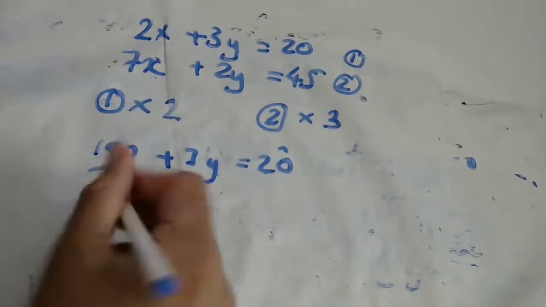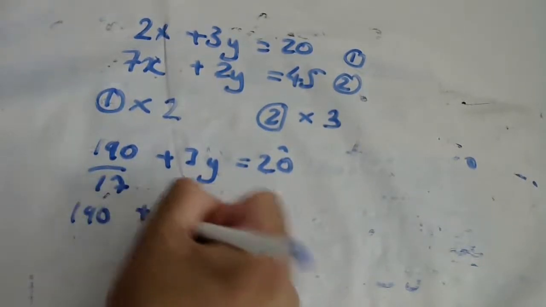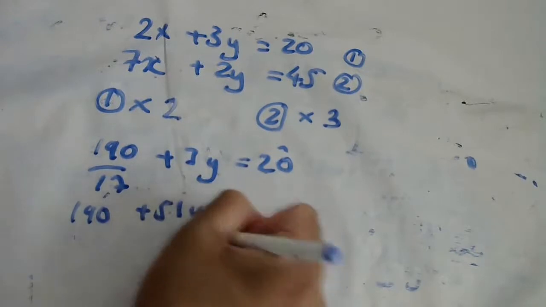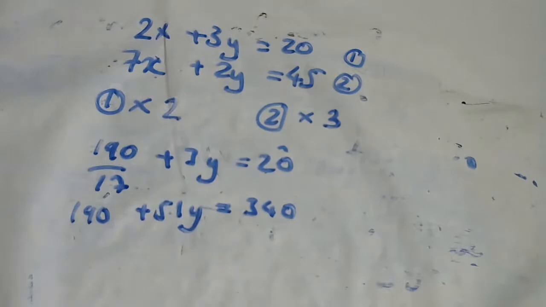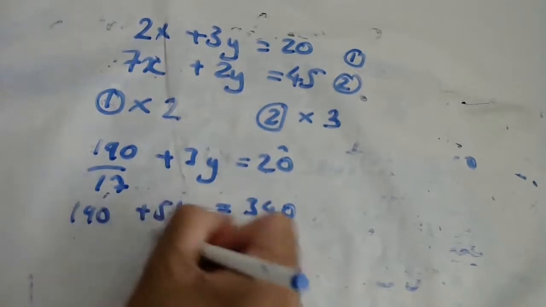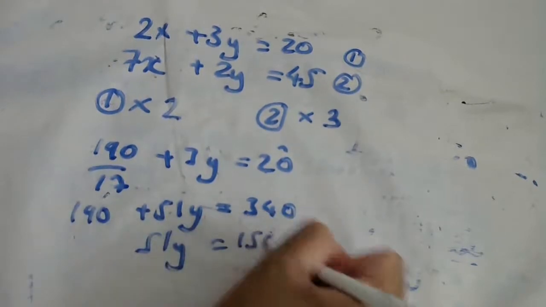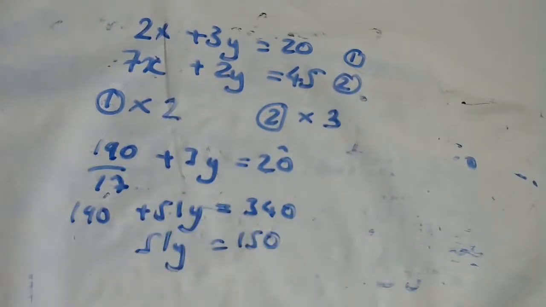Times 17, you get 190 plus 51y equals 340. That would leave you with 51y over 150, which I agree with you is 50 over 17. Well done. Well done, Harris. Good job. Not bad at all.